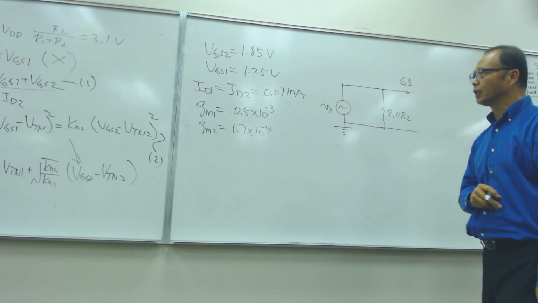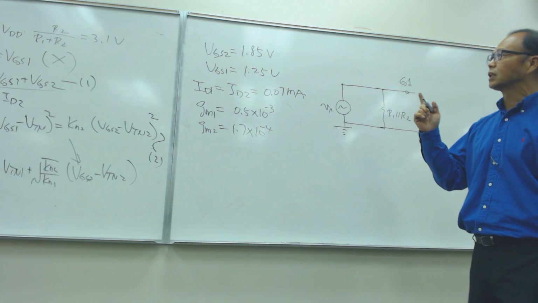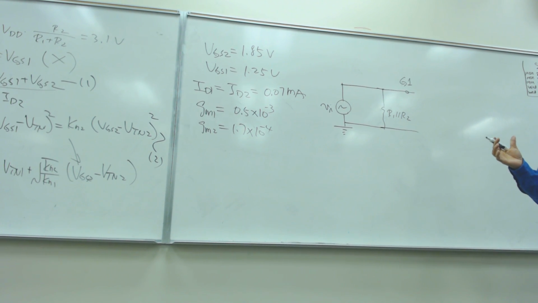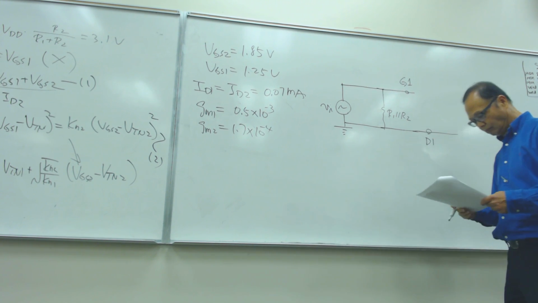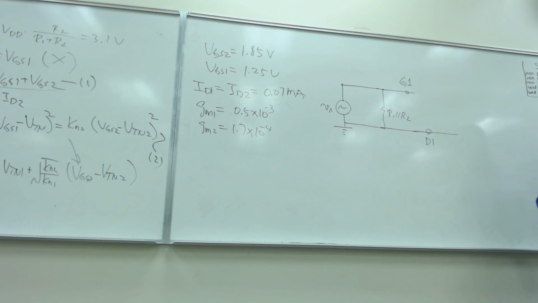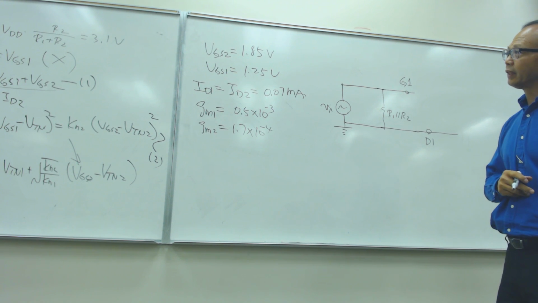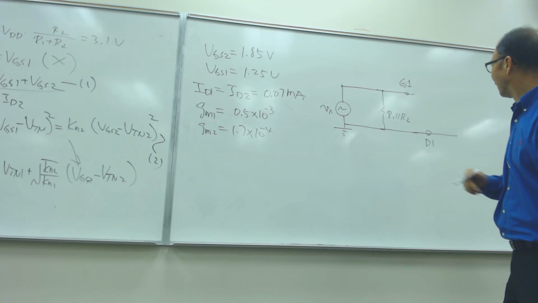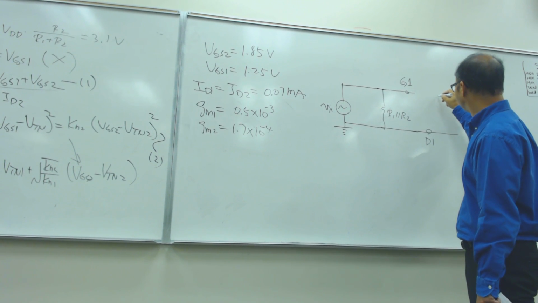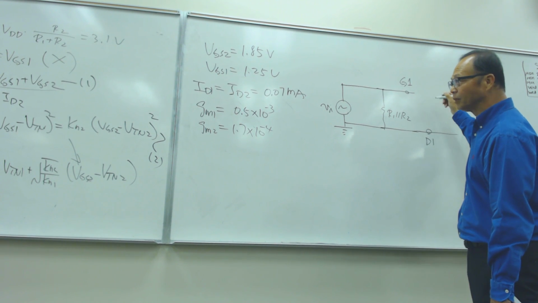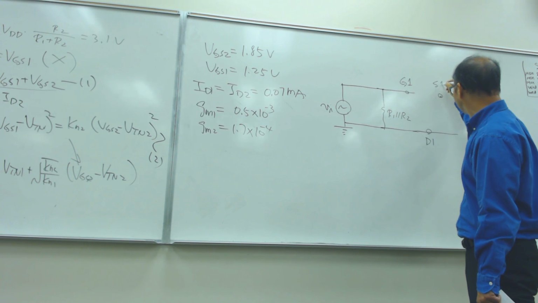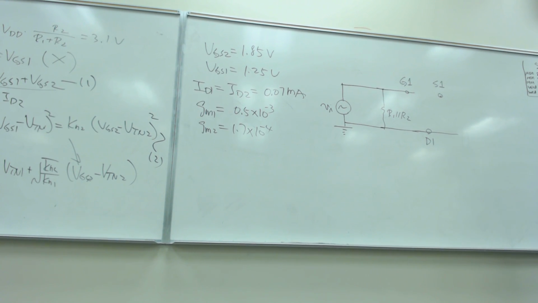And then the drain of M1 is connected to the ground, correct? And then the source, I can put the source on the top. Typically, you put the drain on top, source on the bottom, but it doesn't matter, right? So you put the source on top, S1. Yes?